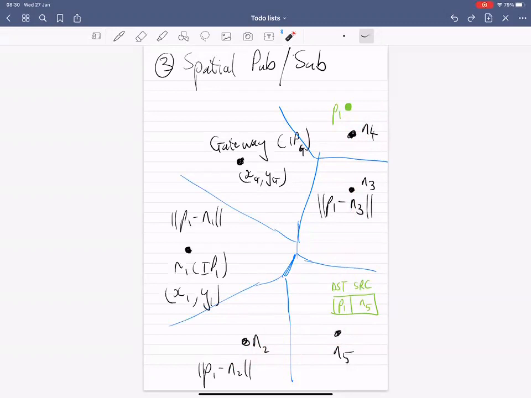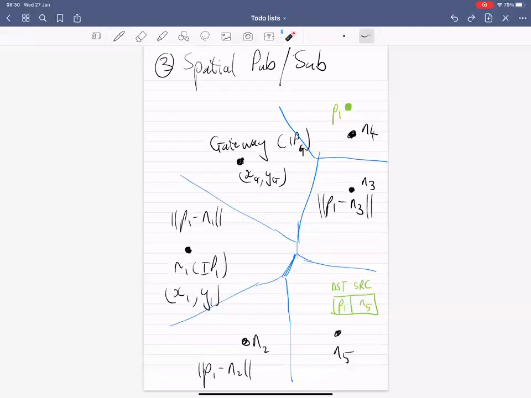So what I've explained to you is my idea of what a spatial pub sub system would be under ideal working conditions. So I think the first approach would be to try and implement or develop it like that.